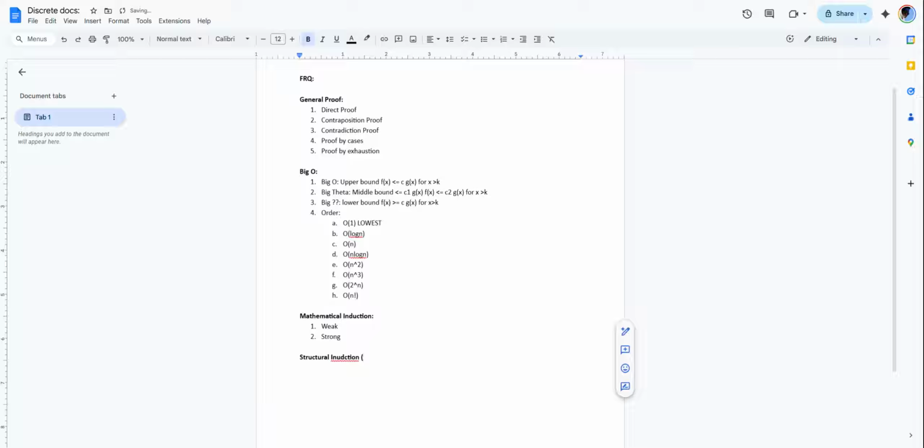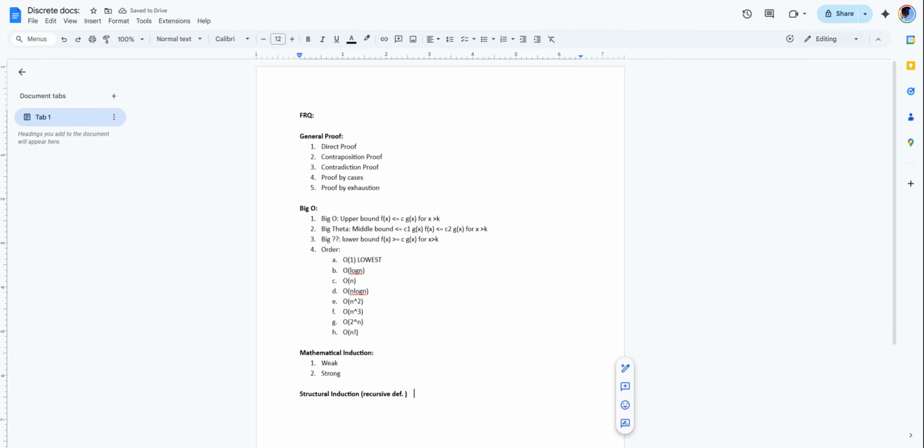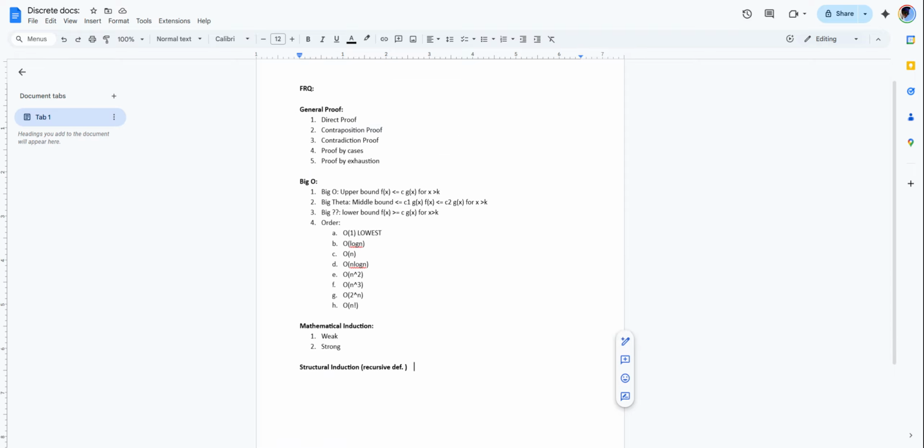But it's even easier this time because they gave us the type of induction. Recursive definition. So those are even easier. Okay. That is all the FRQs.